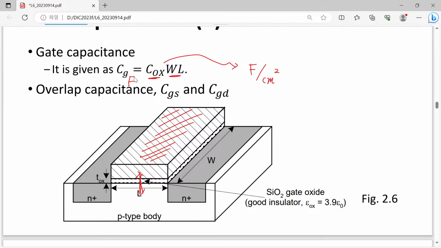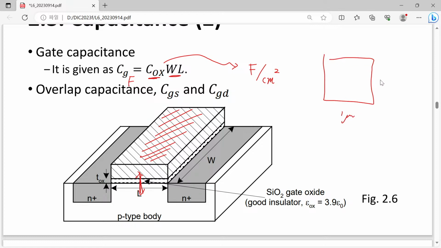So maybe you remember that we have already calculated the value, and it was extremely small, just a few femtofarad, and even for a very large case like 1 micrometer, the capacitance was so small. And in the realistic case, we have much shorter length and much narrower width. So the actual capacitance of our transistor is extremely small.